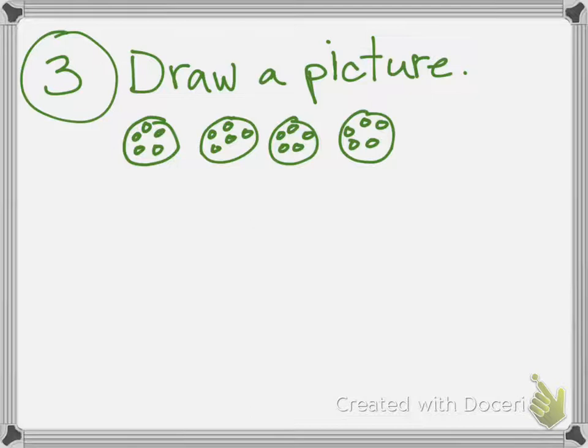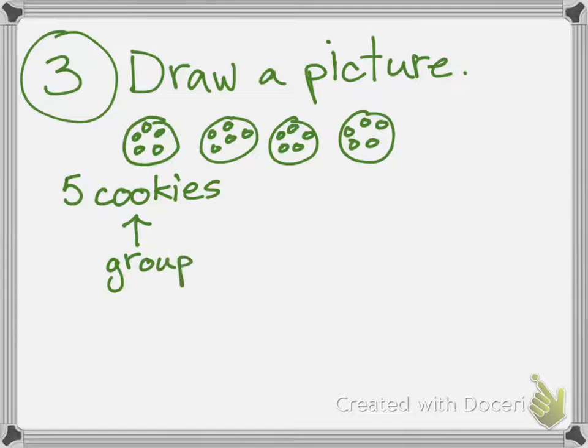Okay, let's write out what we've got. We have got 4 cookies, and the cookies are the groups, times 5 chocolate chips each.